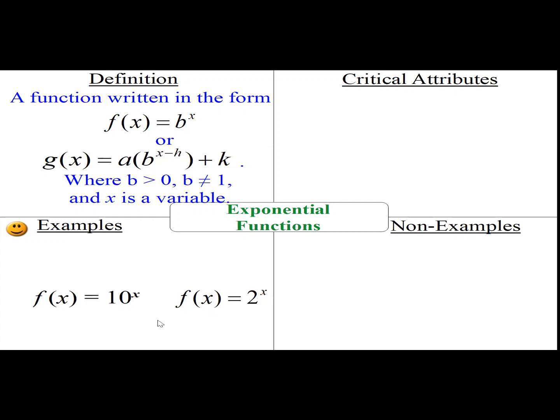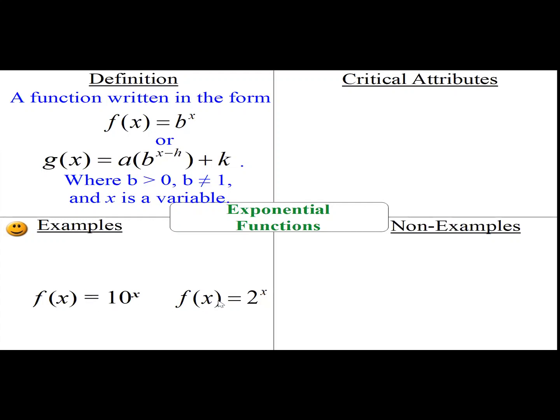Because these are the most common exponential functions that we use. So if you want to make a little note for yourself, most common exponential functions. And since these are the most common, and we're starting with these without anything else added or subtracted to it, these are our parent functions that we're going to be working with, these two, okay?